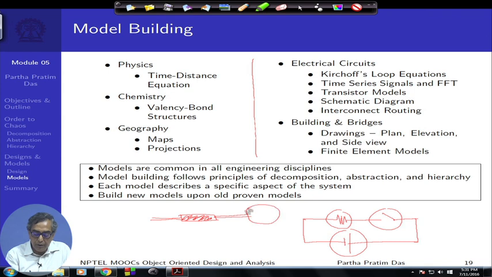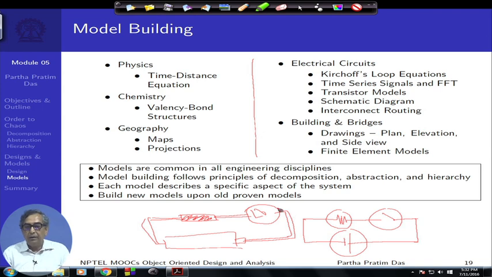The switch possibly will look something like this, and a cell possibly is like this. So, the schematic is different from the physical model, where you will actually put the cell.